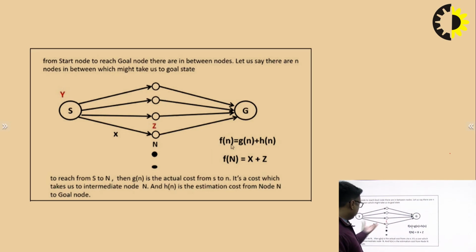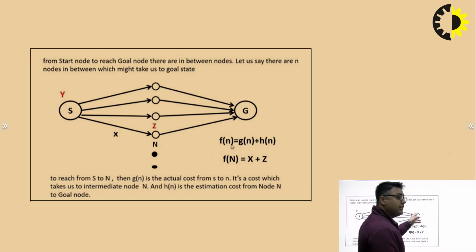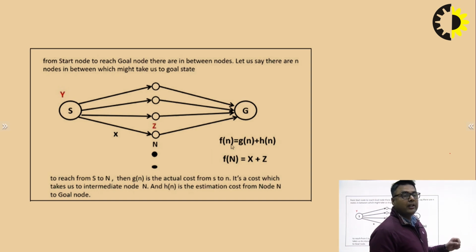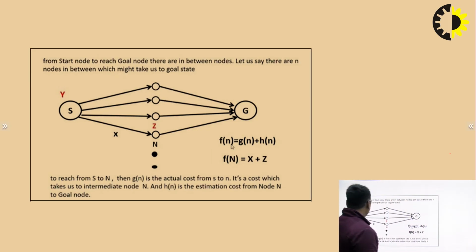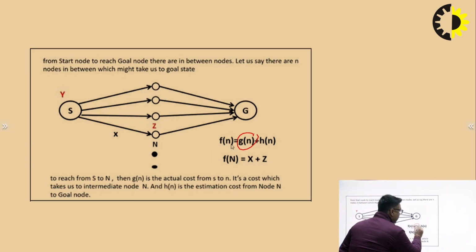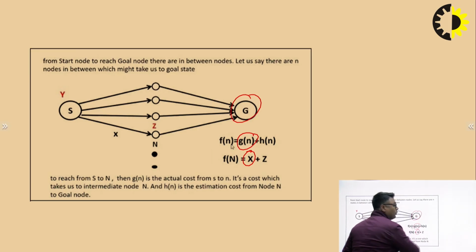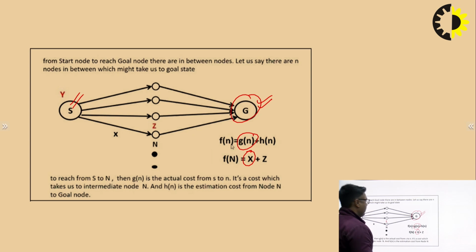In the figure, S is your start node, G is your goal node, and N is the first nearby node to reach from the start. The movement from S to N is denoted by Gn, and here the cost is X. G is my goal node, my final destination, and S is my start.